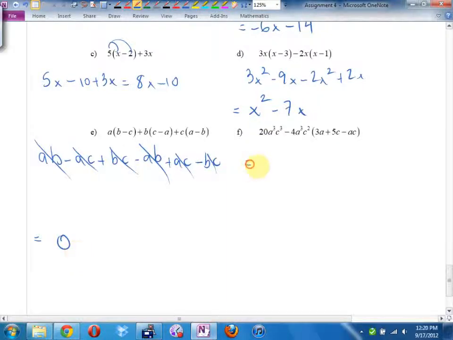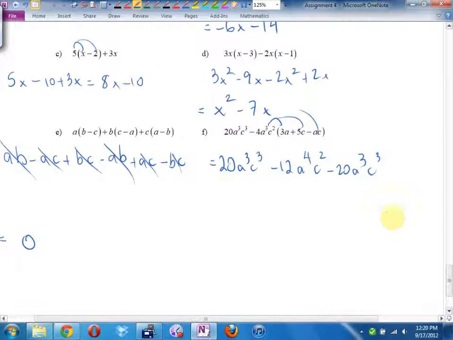Here, I'm going to drop the 20a cubed c cubed down. I'm going to multiply this on because there's a minus sign, so I don't multiply this. Let's see, it's going to be minus 12a to the 4th c squared minus 20a cubed c cubed plus 4a to the 4th c to the 3rd.